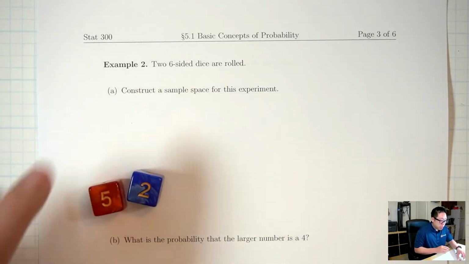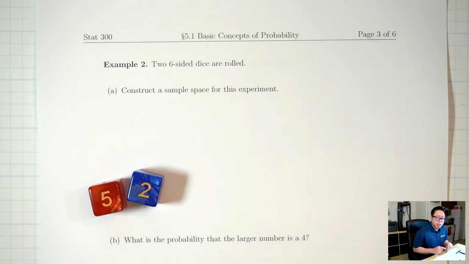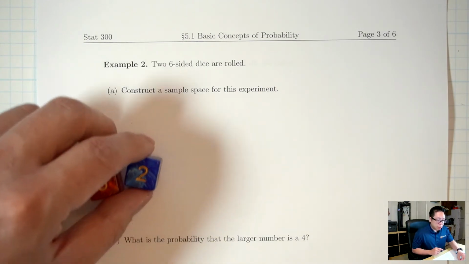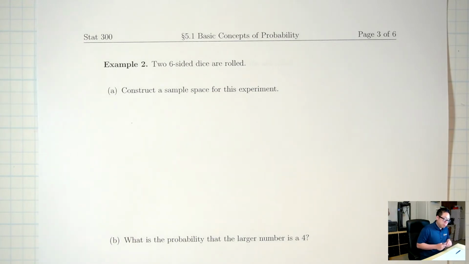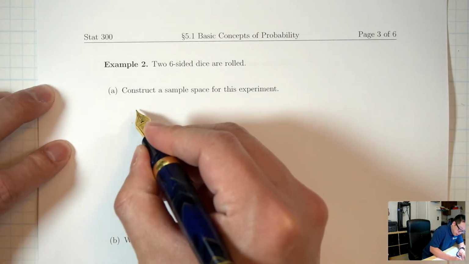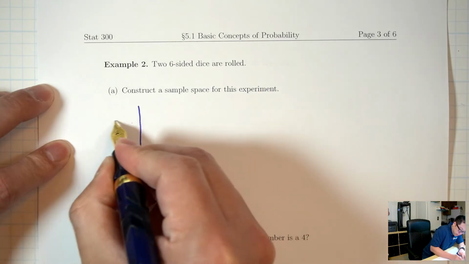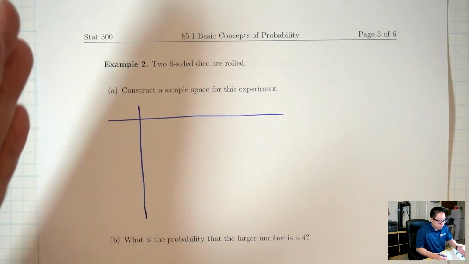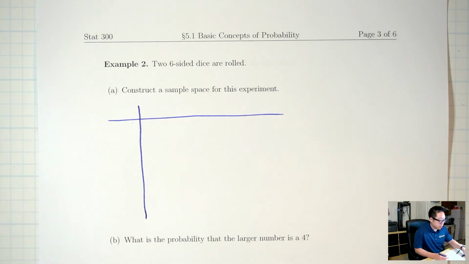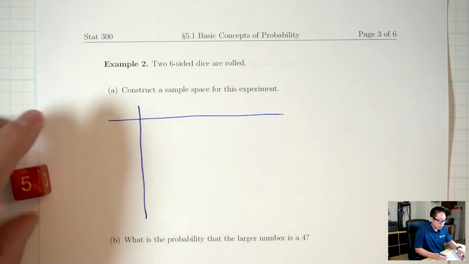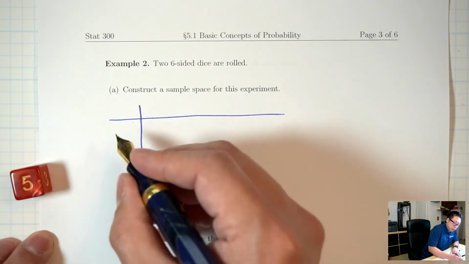Whenever we have just 2 things, the easiest way to list out all of the possible things that can happen is to make a table. So along the vertical, I'm going to list out all the possible things that can happen on my first dice. This is a 6-sided dice, so I could get a 1, 2, 3, 4, 5, or 6.